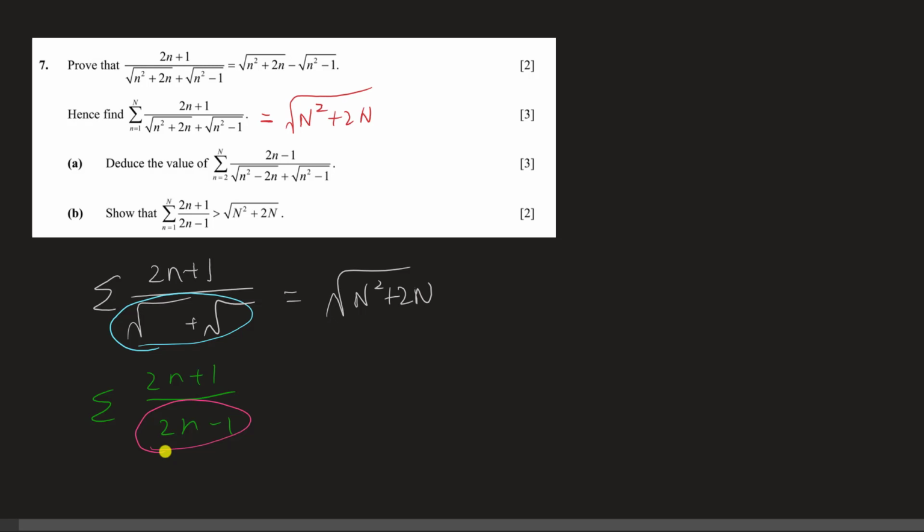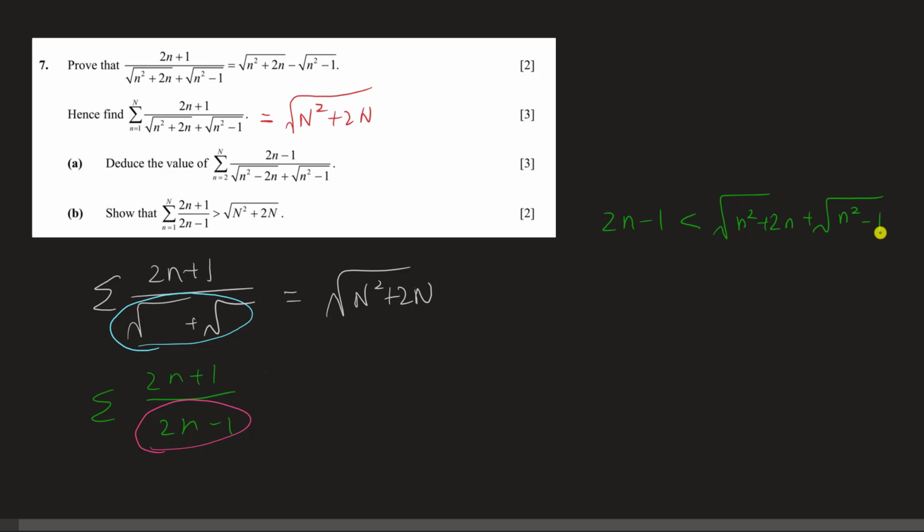If they want you to show that this is indeed greater than this, they want you to show that the green one is greater than this gray expression here. This means that the pink numerator is actually smaller than this.